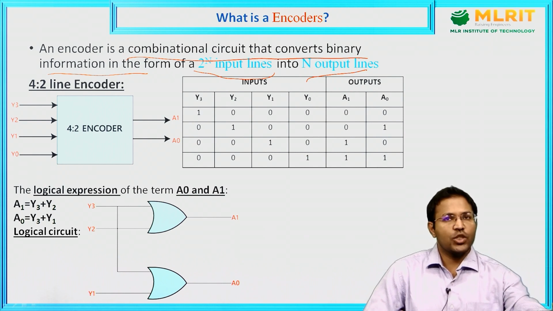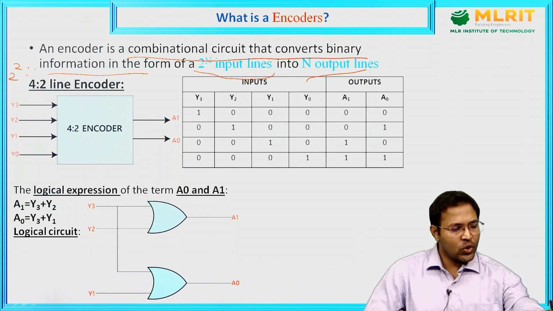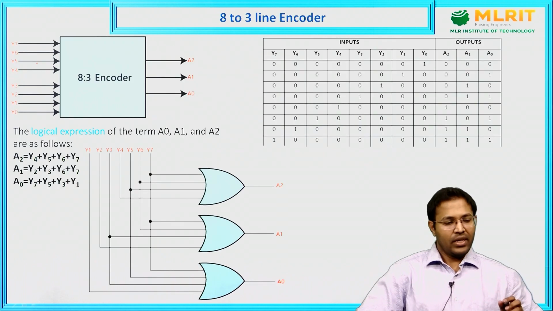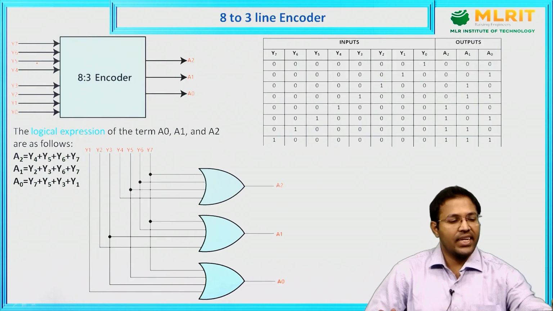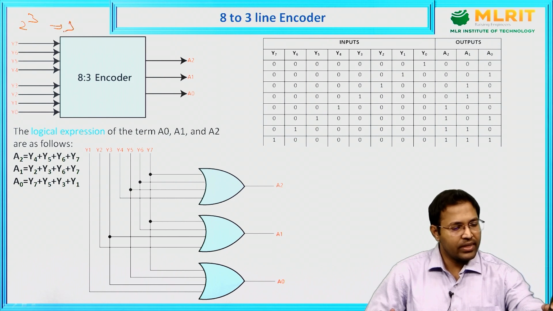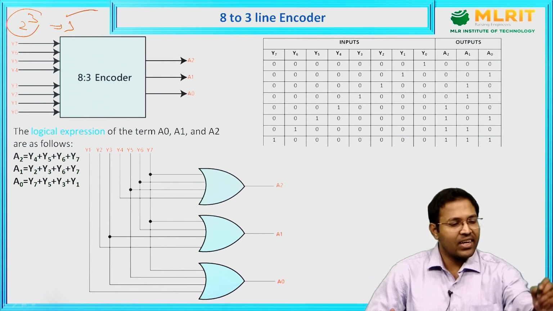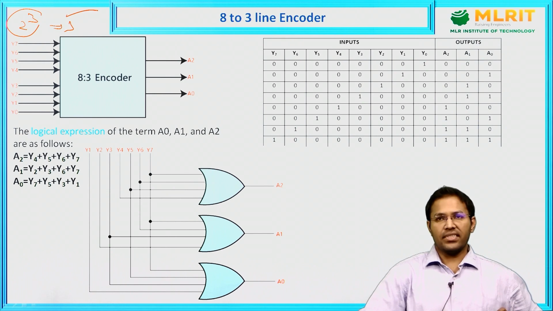Suppose if n is 2, then 2 power 2 we are converting to 2. Next, if n is 3, then 2 power 3, means 8 lines, we are converting into 3 lines. So we can have such encoders.